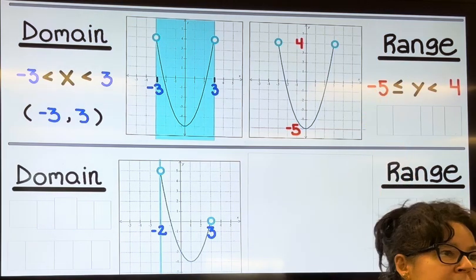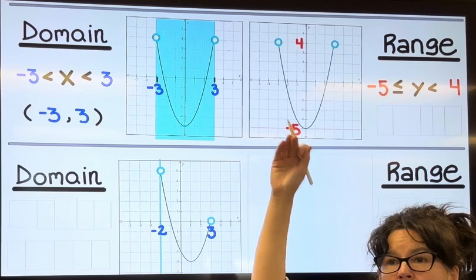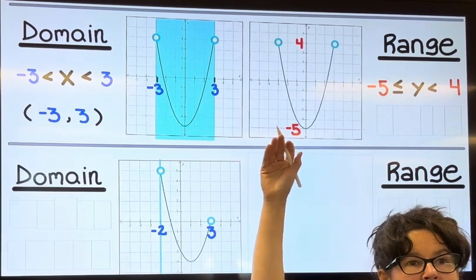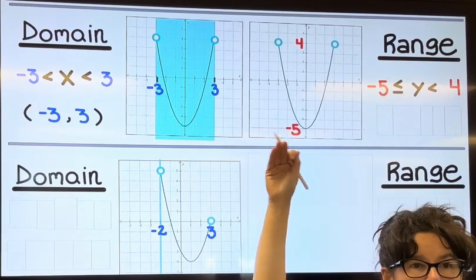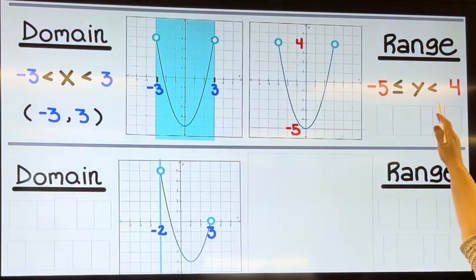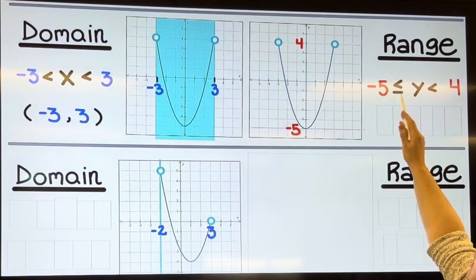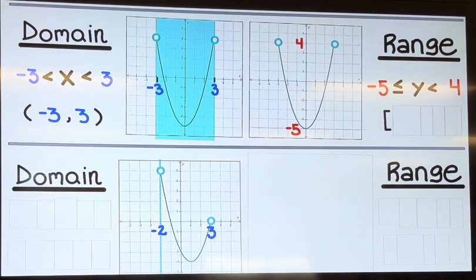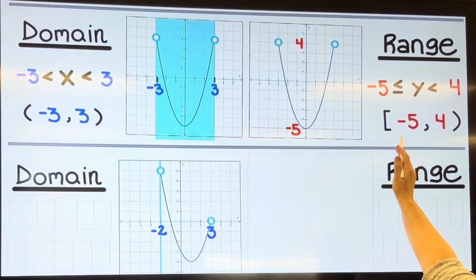Now the highest is not actually at 4. We can reach a height of 3.999999999, but we cannot get to 4. So using interval notation: underline, bracket; no underline, parenthesis; small number through big number. Our y values are -5 through 4.